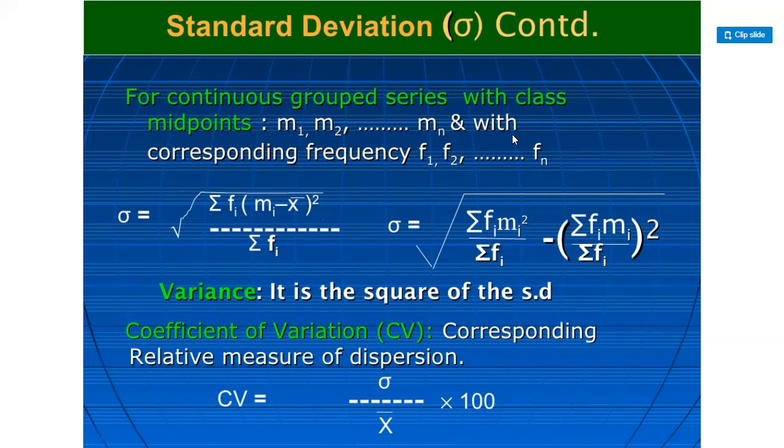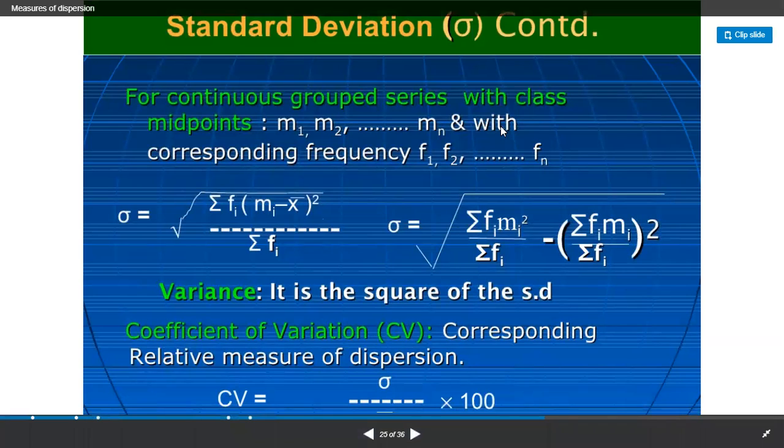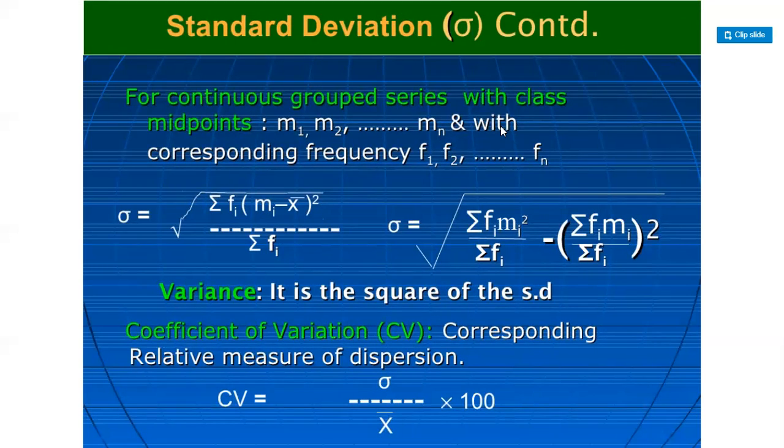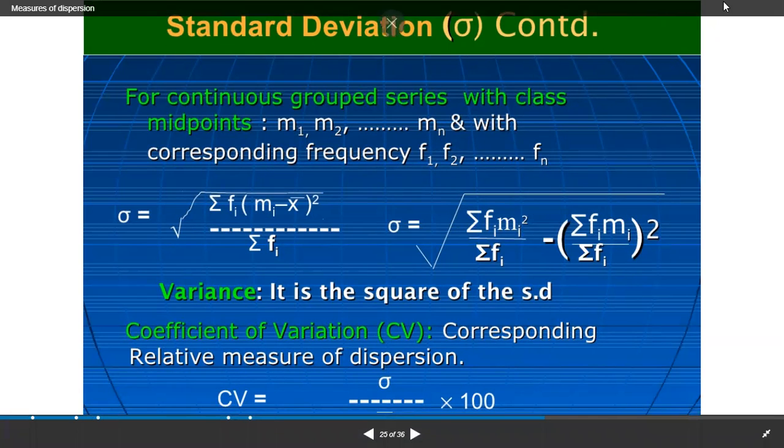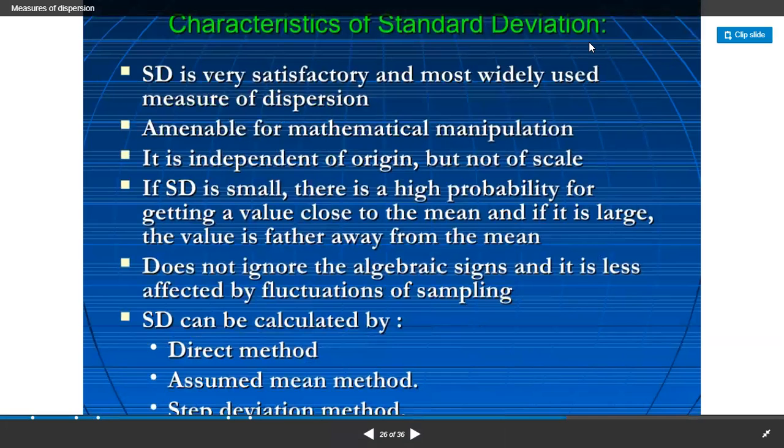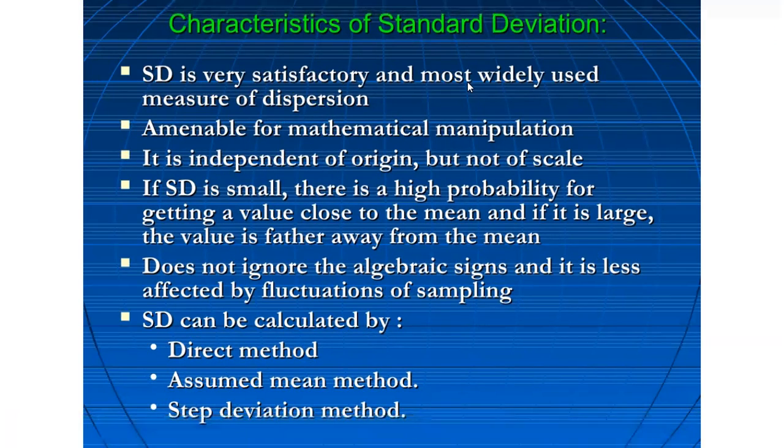Variance is the square of the S.D. Coefficient of variation is the corresponding relative measure of dispersion, that is S.D. divided by mean into 100. Standard deviation: what is meant by standard deviation?